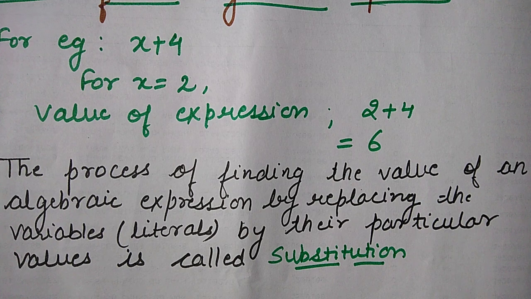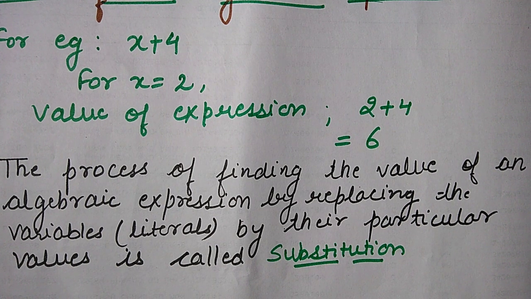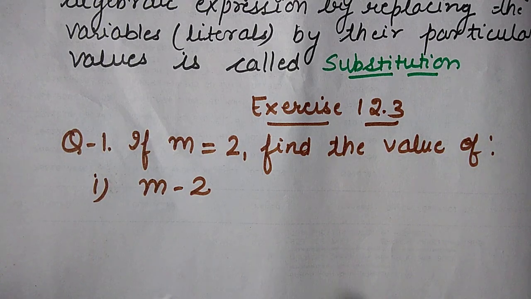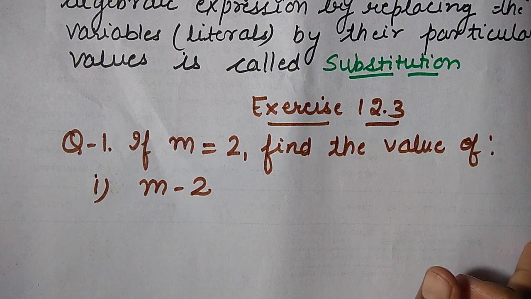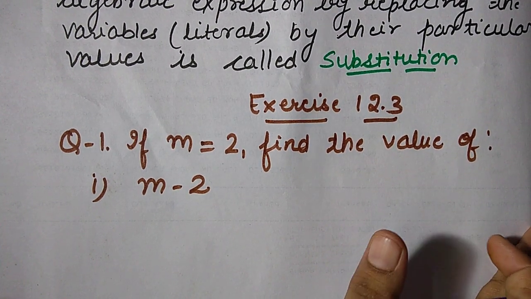Now in exercise 12.3, the questions are based on this concept only. So let us start with exercise 12.3 for understanding more about the concept. Complete exercise 12.3 is based on this concept, that is how to find the value of an algebraic expression.